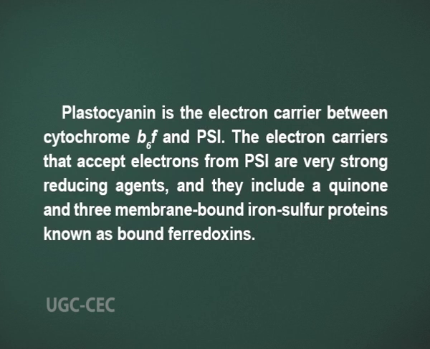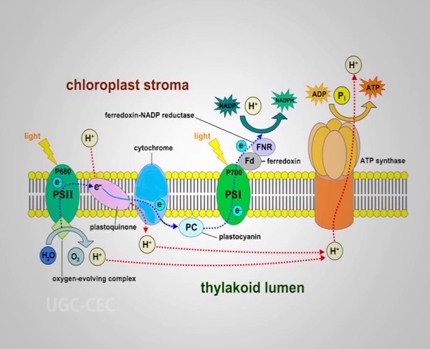The electron carriers that accept electrons from photosystem 1 are very strong reducing agents, and they include a quinone and 3 membrane-bound iron-sulfur proteins known as bound ferredoxins. The electron flow ends with the reduction of NADP+ to NADPH by a membrane-bound ferredoxin NADP reductase.